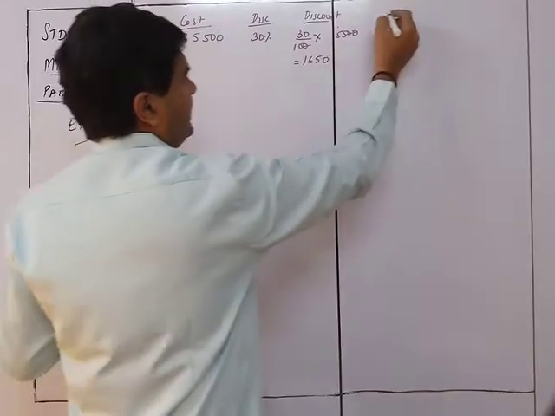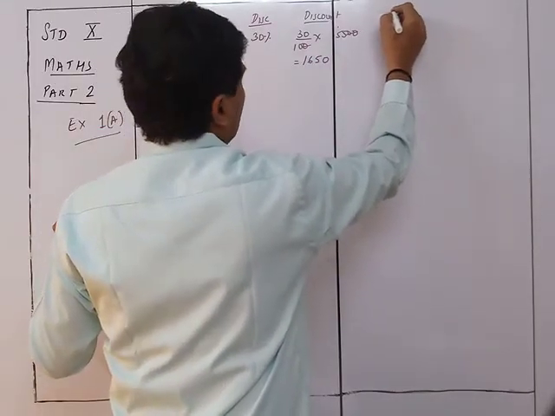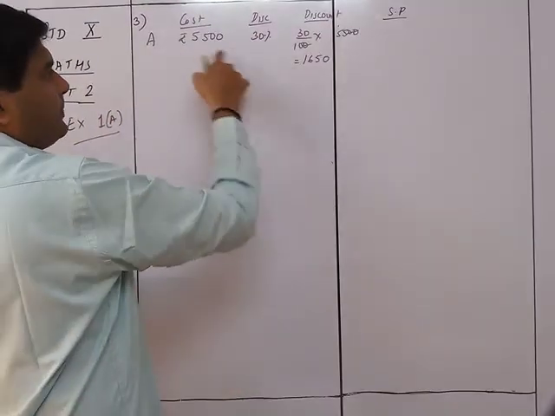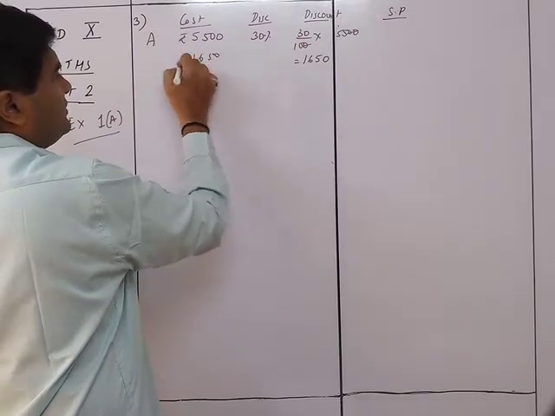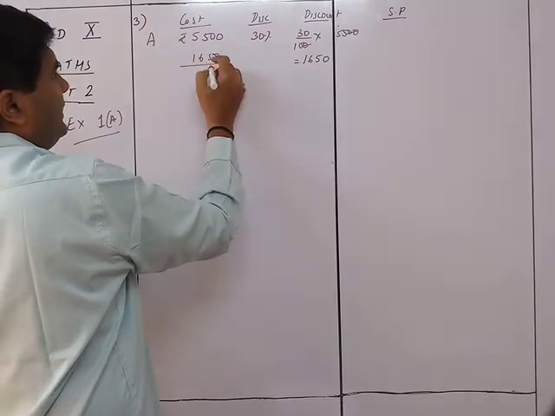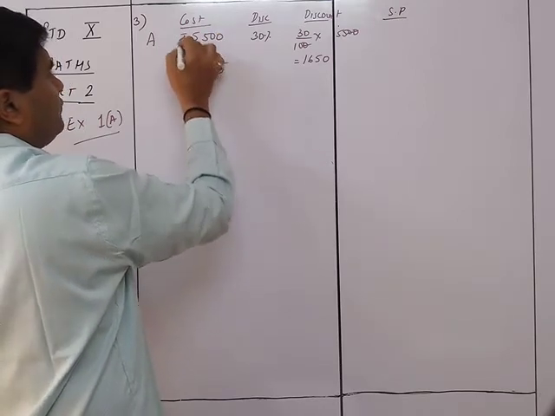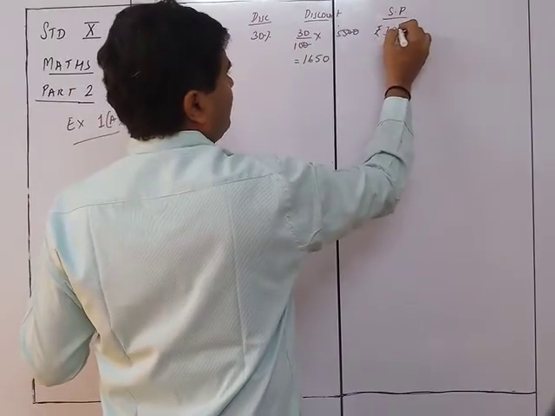So accordingly, the selling price, or we can say the discounted price, we'll take it as selling price only, let it be a standard thing, will be the subtraction of these two. So that will be 5500 minus 1650, which is rupees 3850.